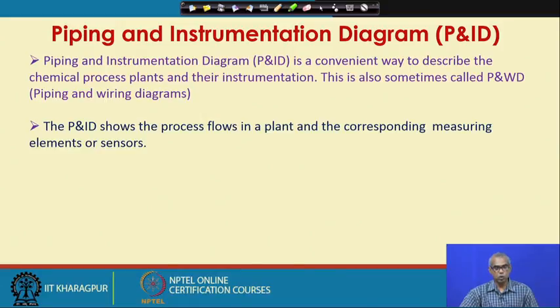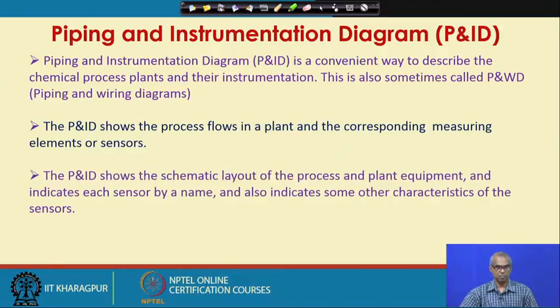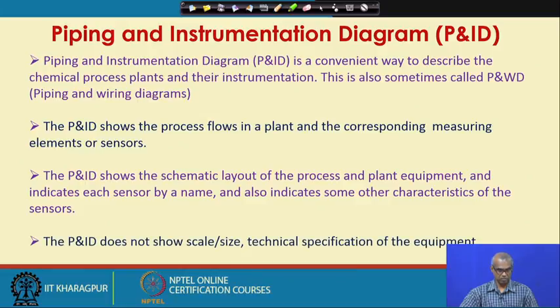The P&ID shows the process flows in a plant and the corresponding measuring elements or sensors. The P&ID shows the schematic layout of the process and plant equipment and indicates each sensor by a name and also indicates some other characteristics of the sensors. The P&ID does not show scale, size, technical specification of the equipment.